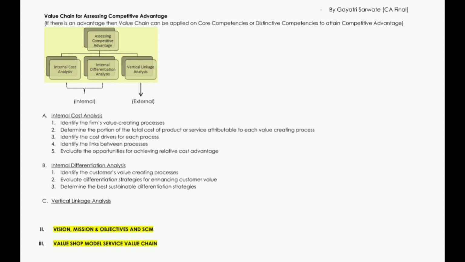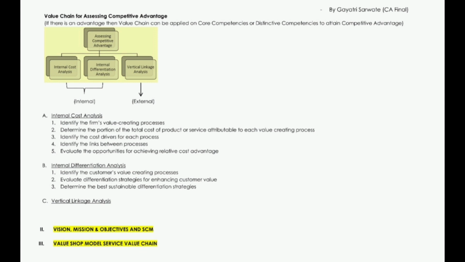And the management in a value shop focuses on areas like problems, opportunity assessment, resource mobilization, project management, solution delivery, outcome measurement, and learning.